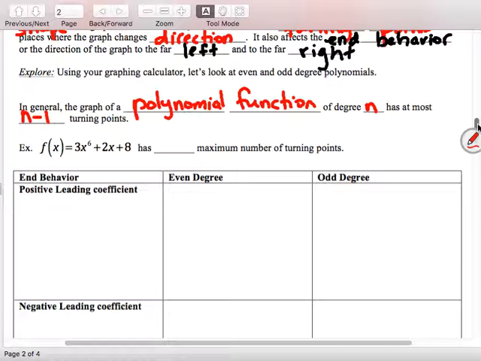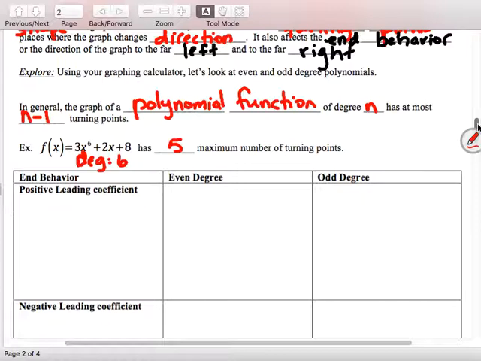What is the degree on this one? Okay, so my degree is 6. So if the degree is n, the maximum number of turning points is n minus 1. So f of x has what maximum number of turning points? 5, because it's 1 less.